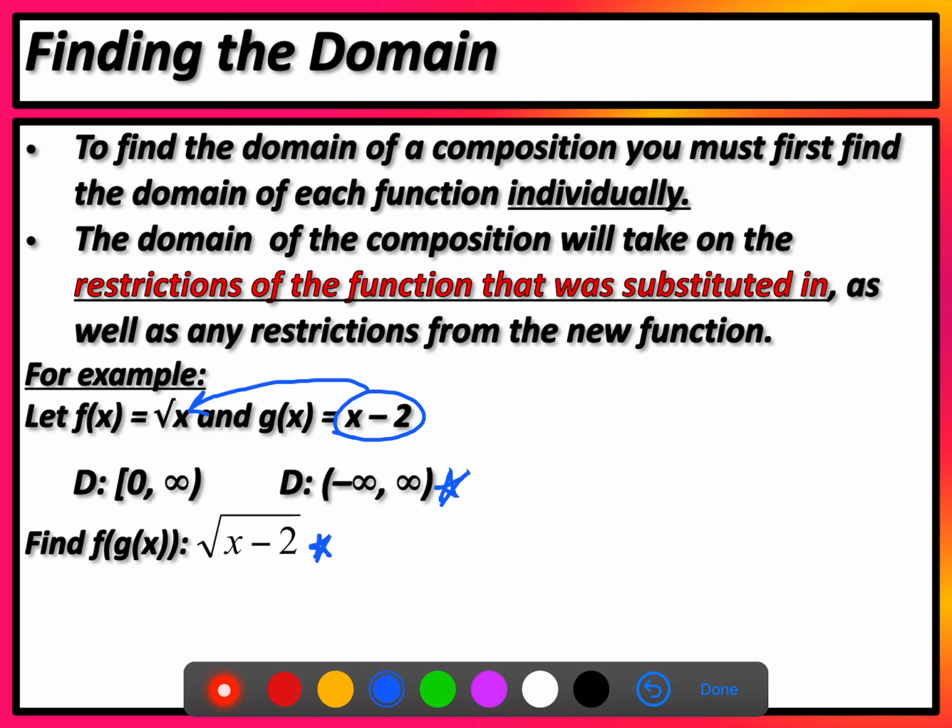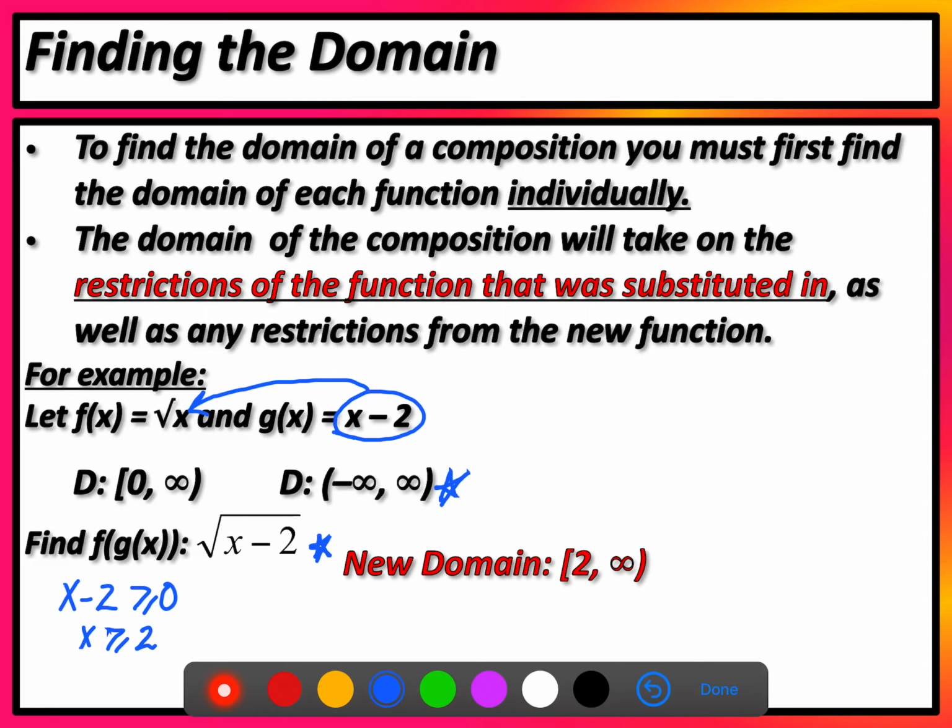Technically 0 to infinity has no bearing on this situation. The domain from g of x has no limitations because it's negative infinity to infinity. And the new function is now a square root, which means we would have to limit that to be positive numbers. We would do that by 2 to infinity, because remember, we would take what's underneath and set it greater than or equal to 0.